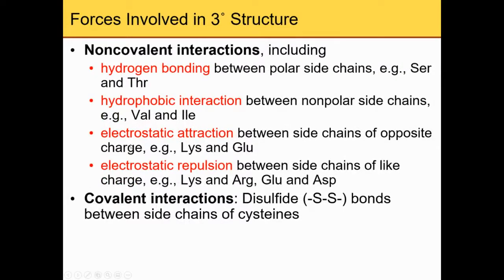Like I just mentioned in chapter 3, there is hydrogen bonding between the polar side chains, hydrophobic interaction between the non-polar side chains, and electrostatic attraction between side chains of opposite charge that gives you an ionic bond, all right?